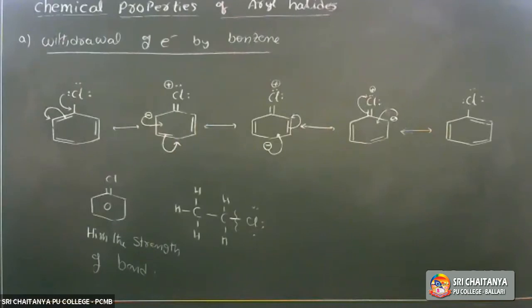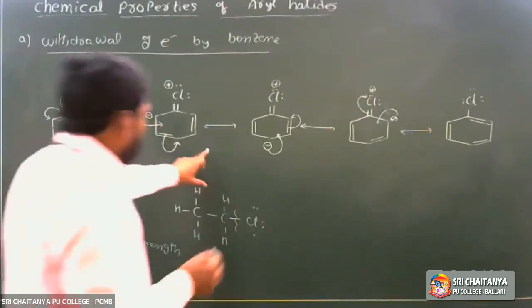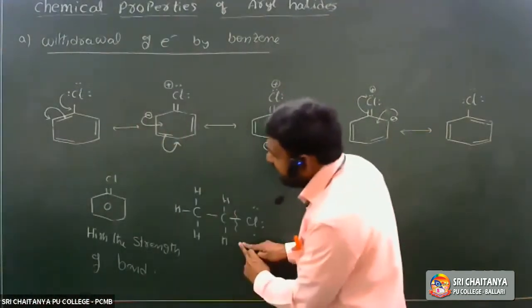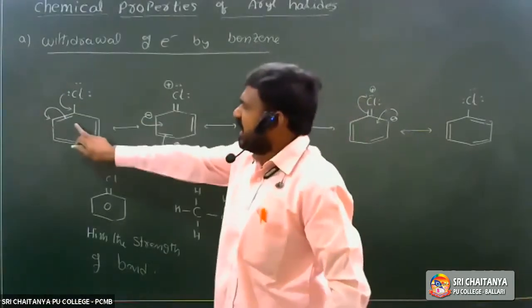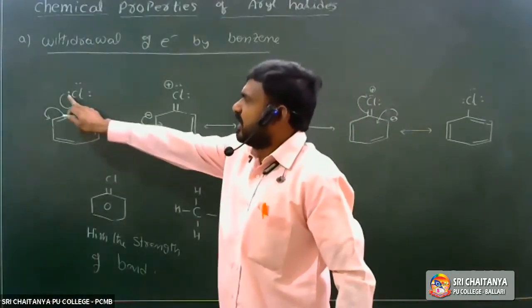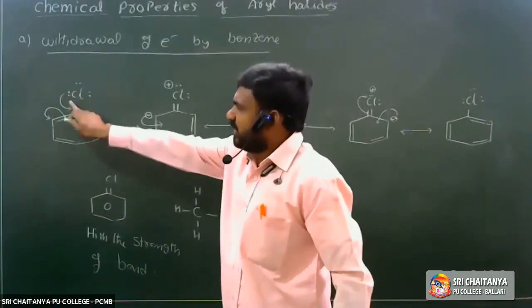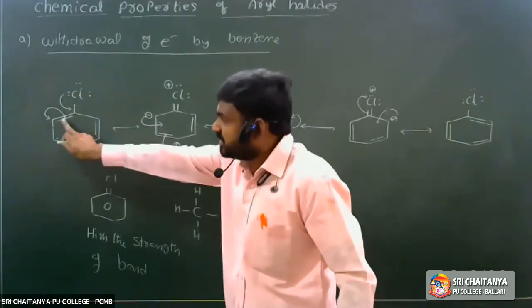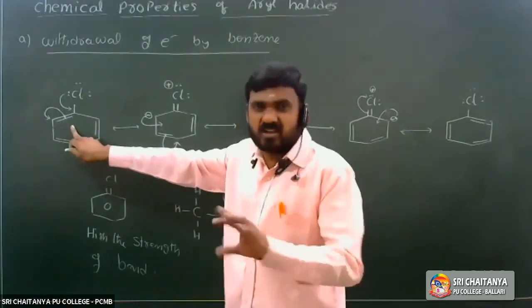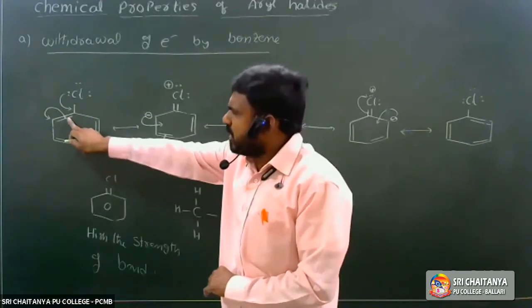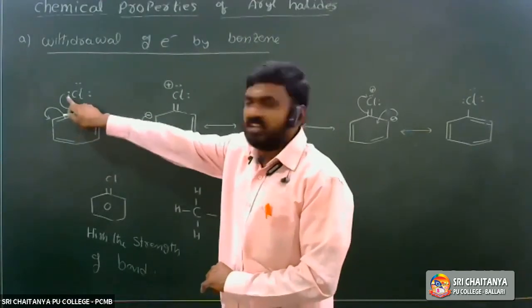So why are aryl halides less reactive than alkyl halides? In aryl halides, the halogen has a lone pair of electrons in conjugation with the pi electrons, conjugation meaning alternation: a pi bond, a single bond, then a lone pair.